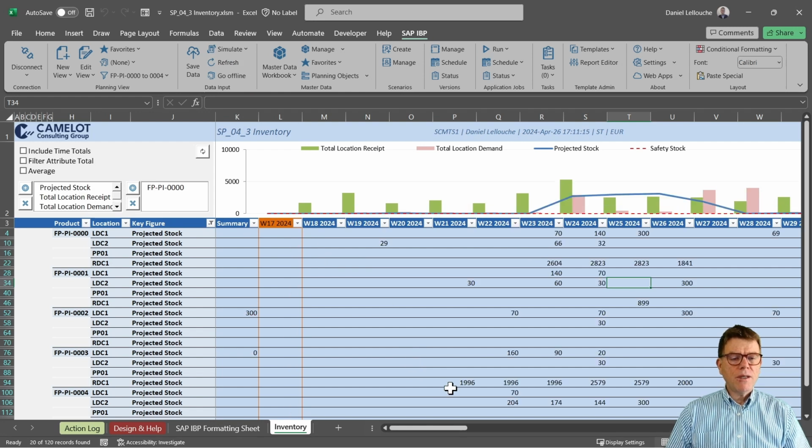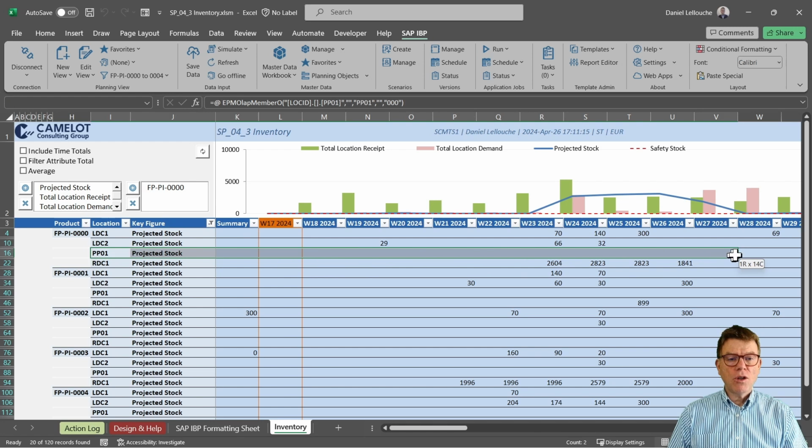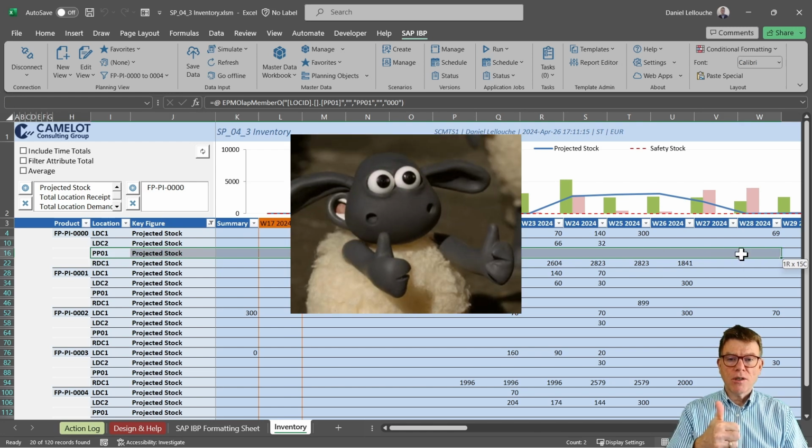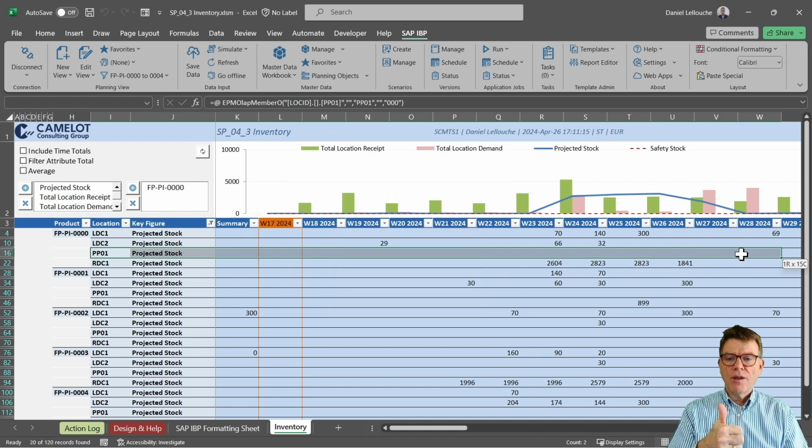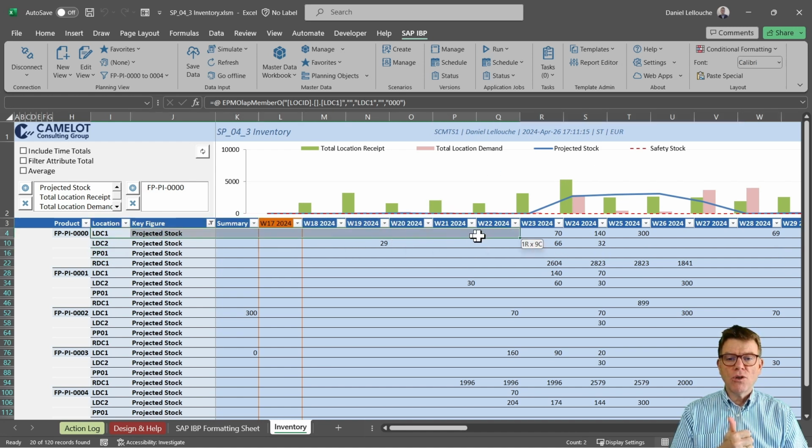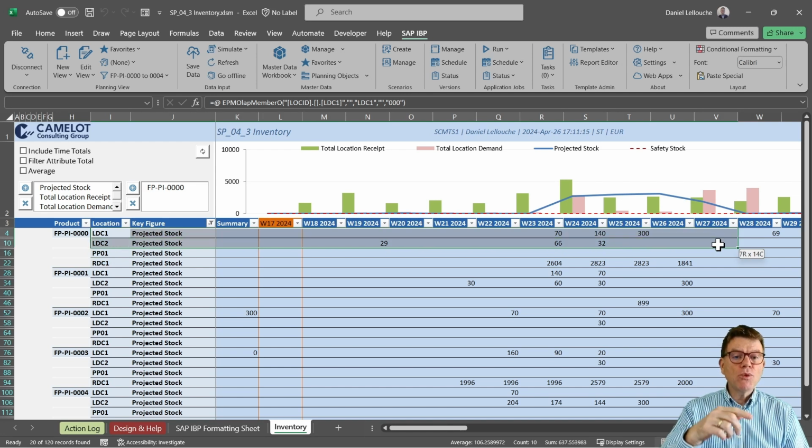And now we see that the inventory position, depending on the different locations, has changed. First, what we see, no stock on the factory. Perfect. That's exactly what I wanted. Then what I see is there is a little use of the inventory on the local DC. Yes, because there is a storage capacity and up to the limit of this one, then the system allows itself to use it.